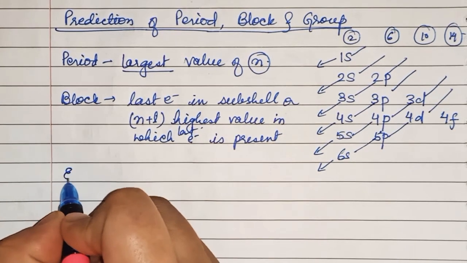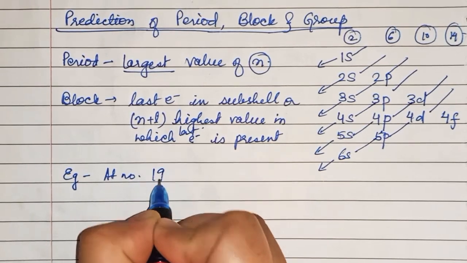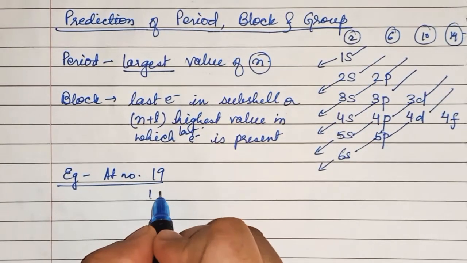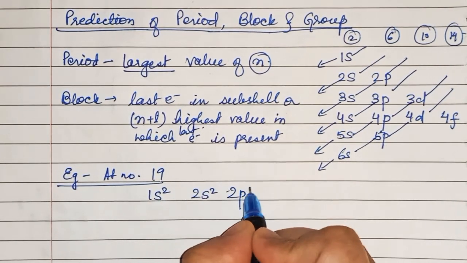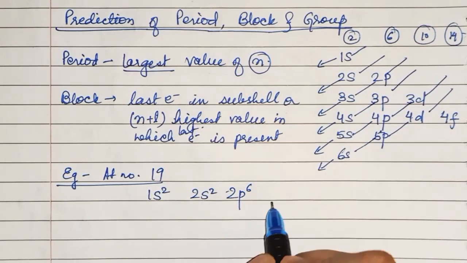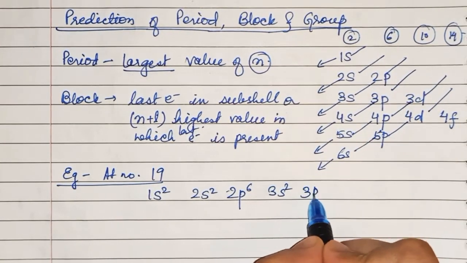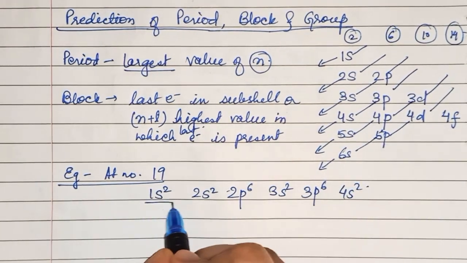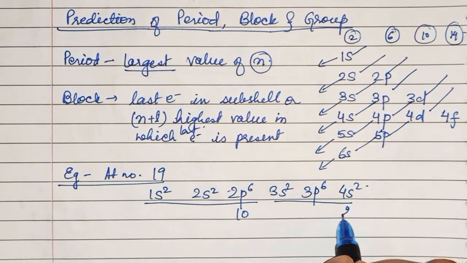Let's take one example of atomic number 19. So how will you arrange this? First the electrons will get filled in 1s2, 2s2, 2p6, then 3s2, after 3s2, 3p6, then 4s2. See children, till here 18 electrons have been filled and this would make 20.